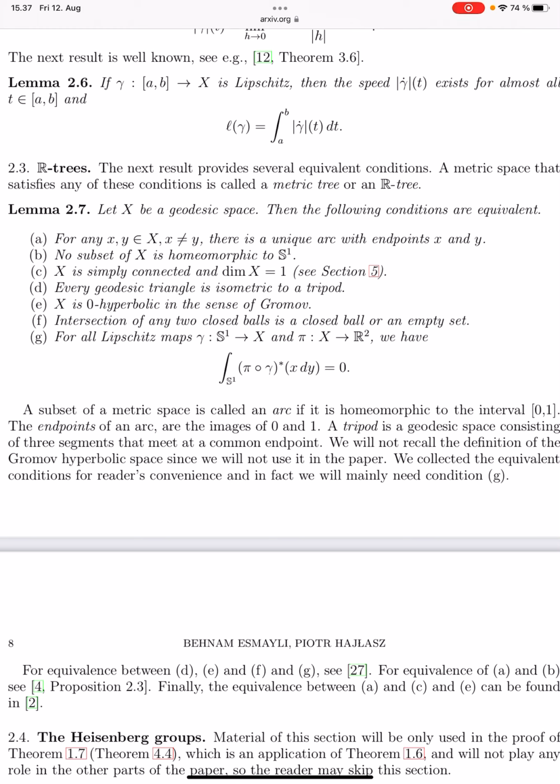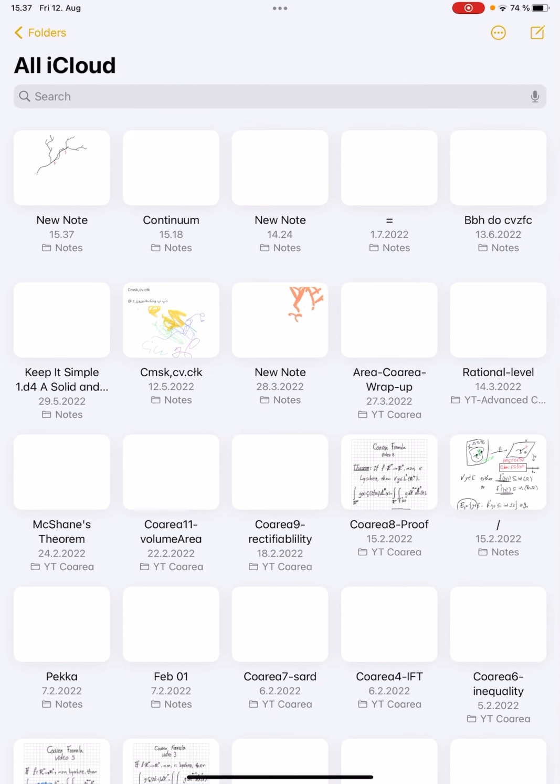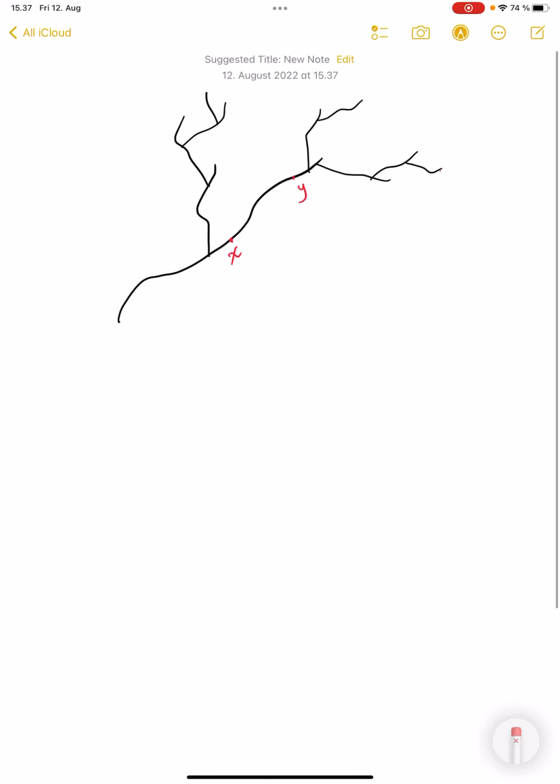The other conditions I won't come back to because they are more involved and technical. Actually, in the paper we use condition G because we want to connect it to derivatives and analytic quantities. But let's talk about condition D. So every geodesic triangle is a tripod.